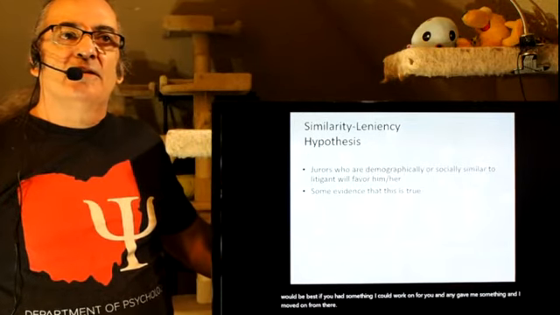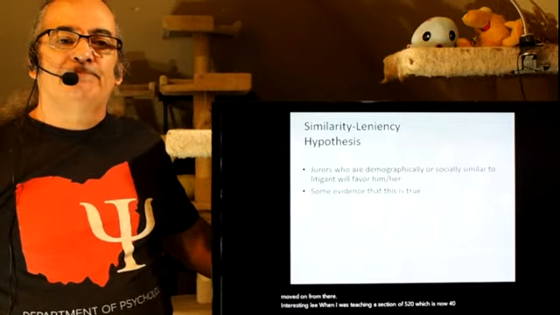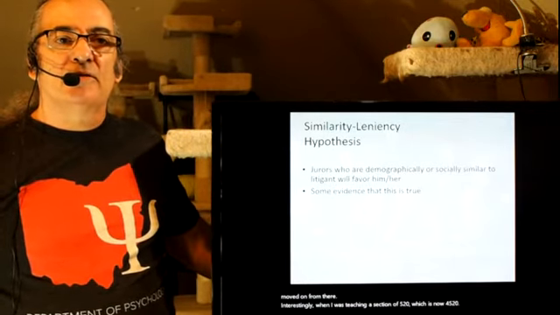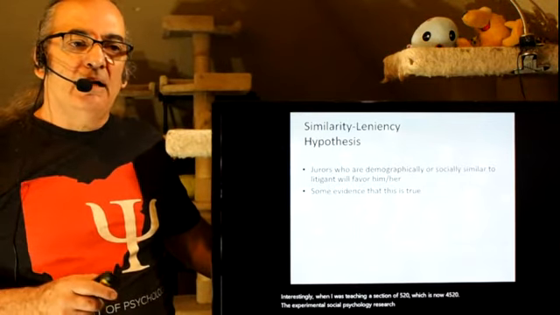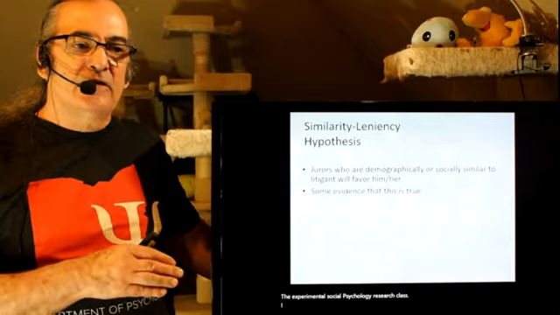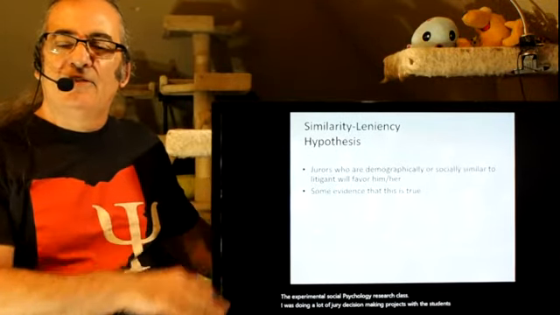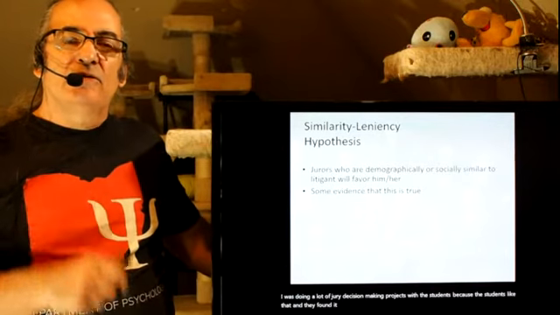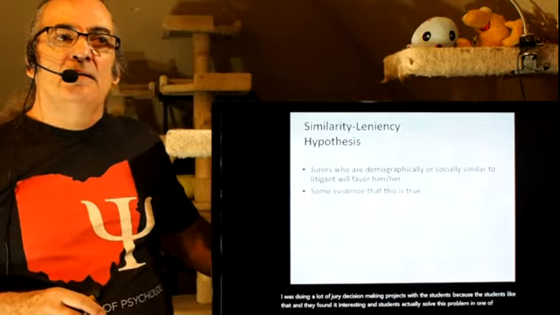Interestingly, when I was teaching a section of 520, which is now 4520, the experimental social psychology research class, I was doing a lot of jury decision-making projects with the students because they found it interesting. And students actually solved this problem in one of their experiments.